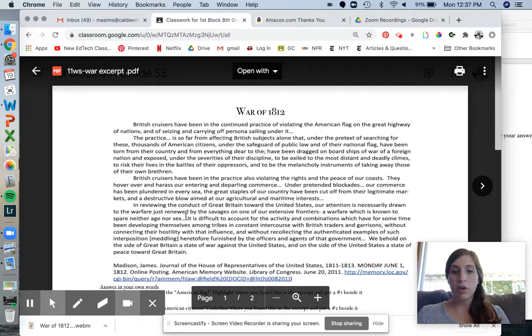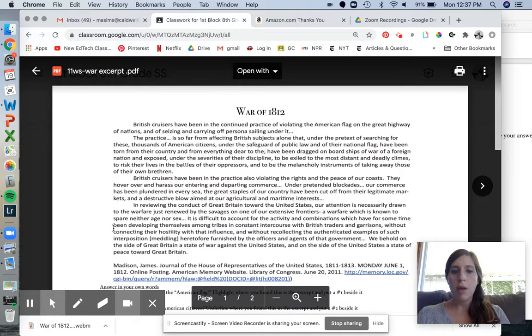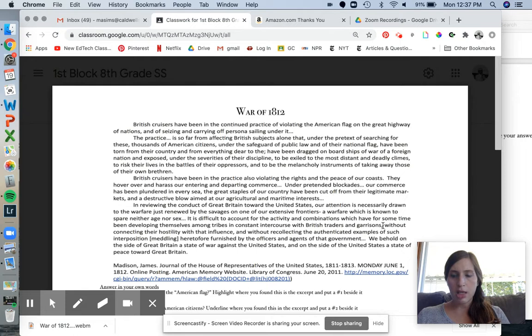It is difficult to account for the activity and the combinations which have for some time been developing themselves among tribes in constant intercourse with British traders and garrisons. Basically, he's saying it's impossible for me to believe that the interaction between the British and the Native Americans is not what has led to this fighting and this tension.